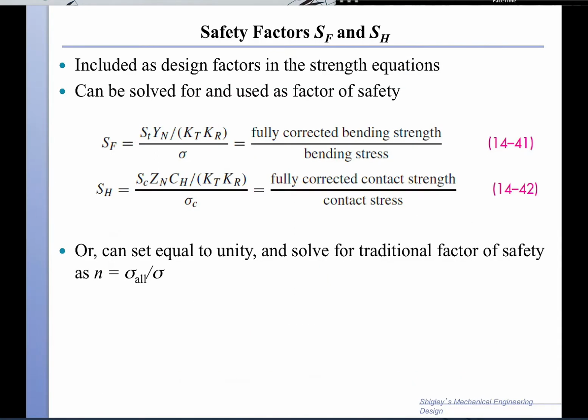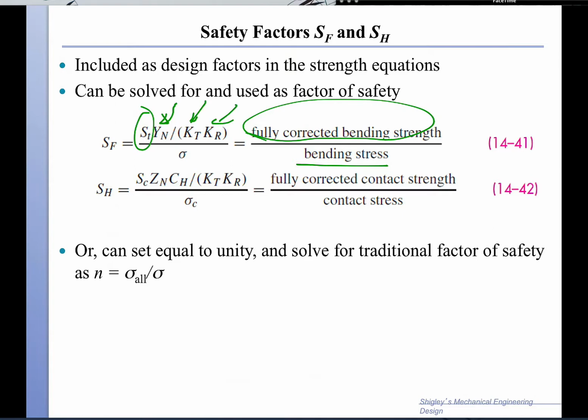The factors of safety, now we can compute them backwards. In other words, we used to have sigma allowable. So if we have the bending stress and the fully corrected bending strength, which is S sub t times the cycle factor over the temperature factor and the reliability factor.